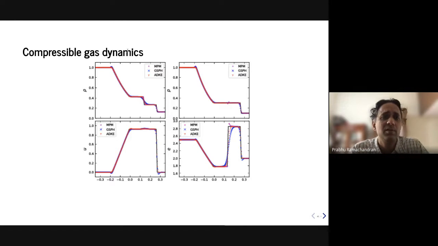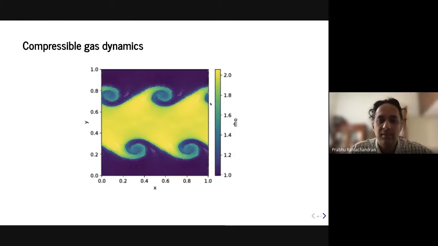Again, this is compressible gas dynamics. There's a standard shock tube example, right? You have a low density gas and a high density gas separated by a diaphragm. You explode it and then look at the waves. So this is that. You can do compressible gas dynamics like this, and instability problems as well.